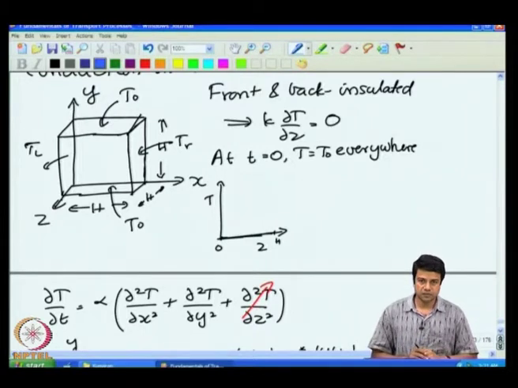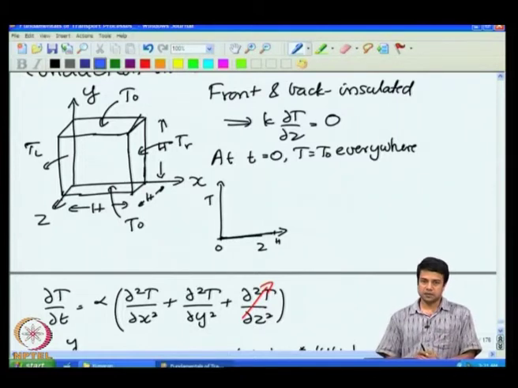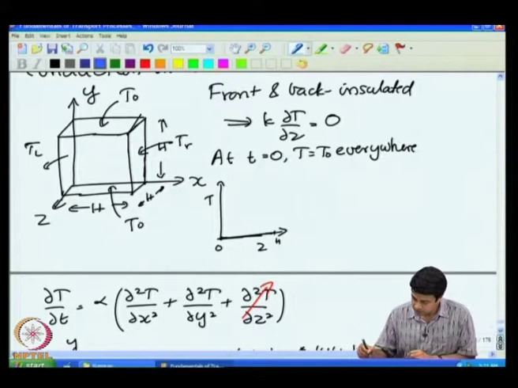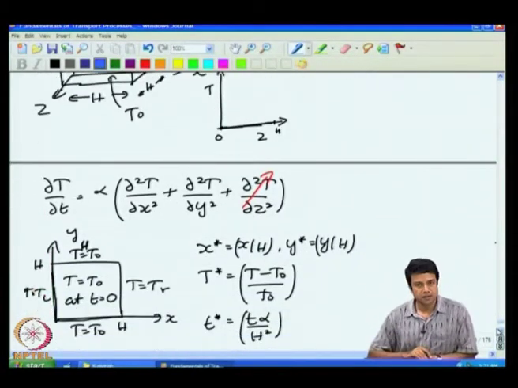Therefore, it is a valid solution, and since the equation is linear, I know that that is the only solution. So, when you have 0 flux conditions at the front and the back, there is no variation in that direction. So, this reduces to a 2-dimensional problem in the x and y coordinates and an unsteady problem in time.